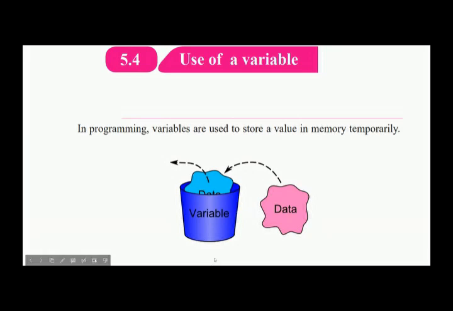In variables, the values are changing. So if you take the width, you can put 5 centimeters as the width. Then next time when you are running the program, you can put 10 centimeters. If some other person is running it, he can input 20 centimeters as the width. So your variable is continually changing, right? So that is a variable. Okay, I hope you understood.